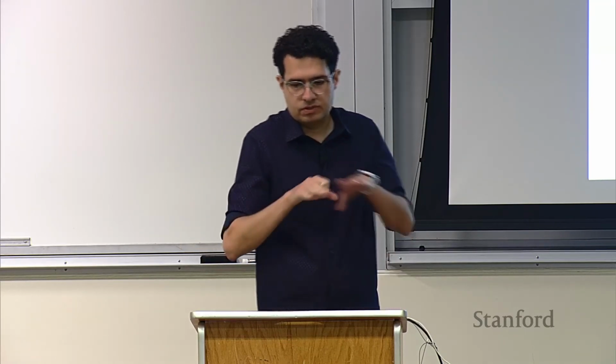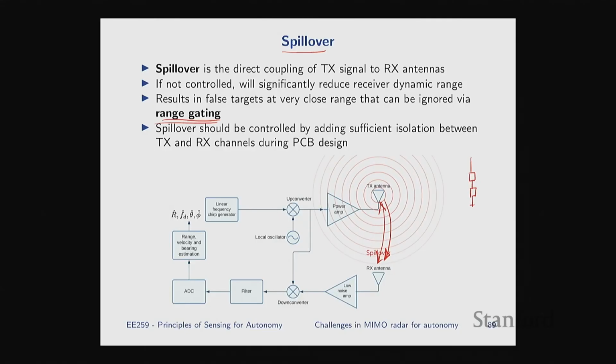Yes? What's an example of adding isolation other than putting them further apart? The question is, what is an example of adding isolation aside from just adding space? It depends on the type of antenna that you're working with. But if it's microstrip antennas like these little patch antennas on a PCB, one thing you can do, if possible, is add ground in between.